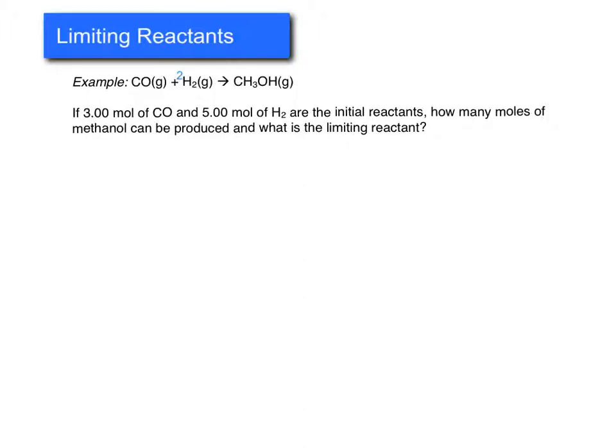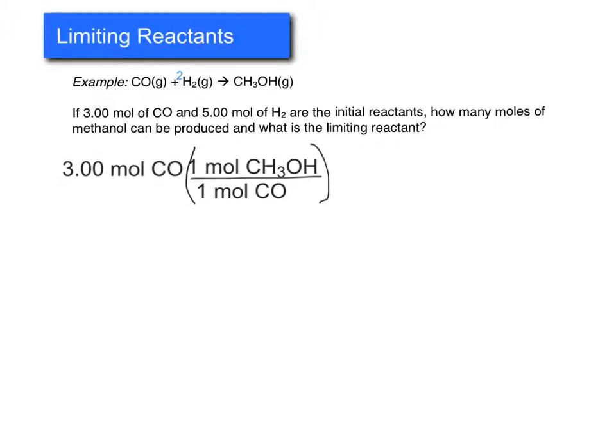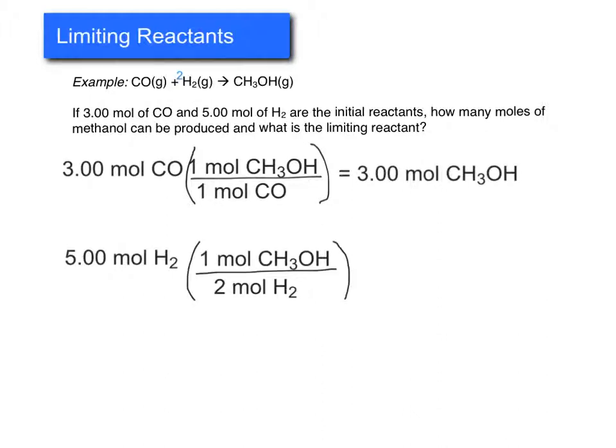All right, so if we have 3 moles of CO, and we know for every 1 mole of CO, we can make 1 mole of methanol, then we know we're going to make 3 moles of methanol. All right, we have 5 moles of H2, and we know that we need 2 moles of H2 to make 1 mole of methanol.